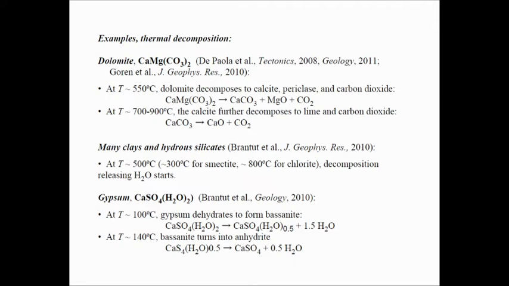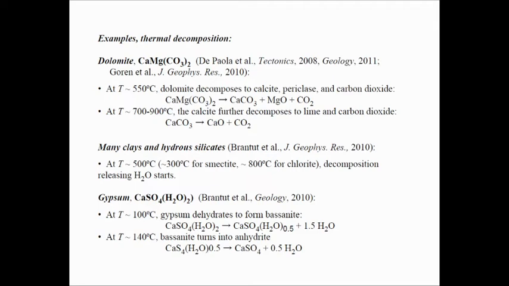So these would be carbonate rocks that would release CO2 at high pressure. And there are two main reactions here. And then in clays and phyllosilicates, this is the work of Nicholas Brontë, at temperatures over a range around 500, 300, 800 in these examples, you have the decompositions that release water.